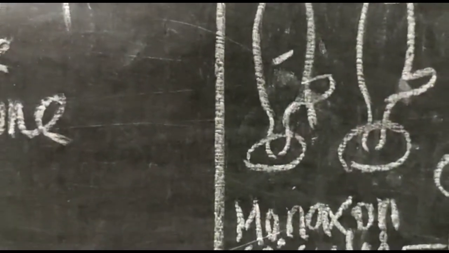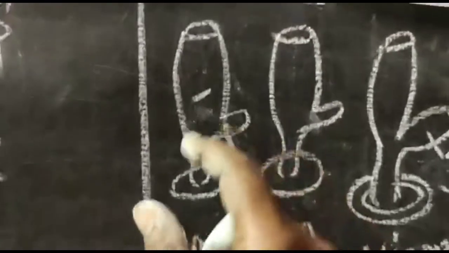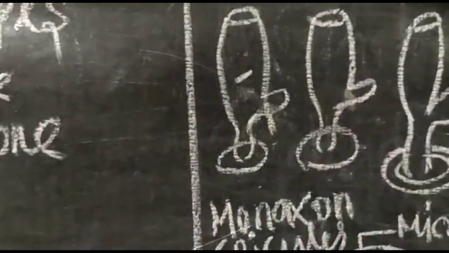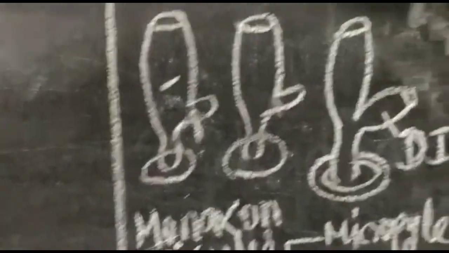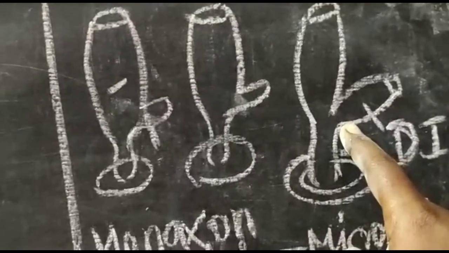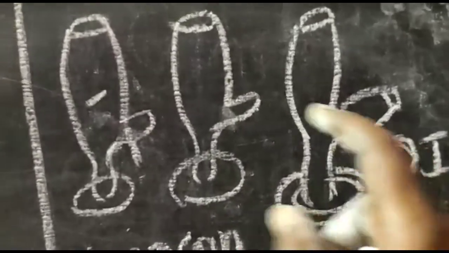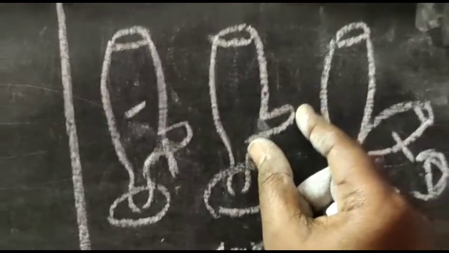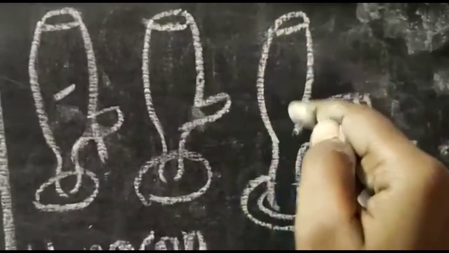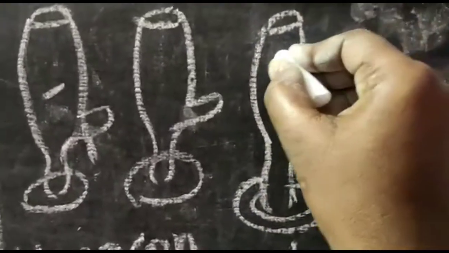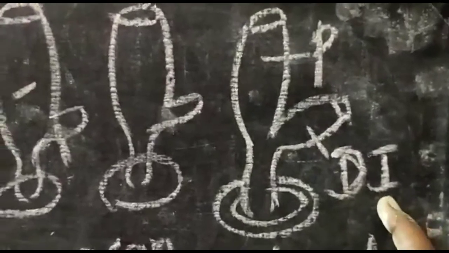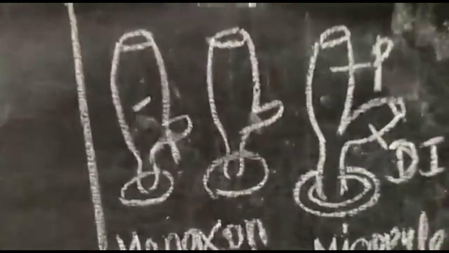When the small elevation is fully grown, the bud, which is attached at the base, finally separates from the parent body and lives as an independent life. This is the parent body, and this is the daughter individual, the young one. This is the formation of buds.